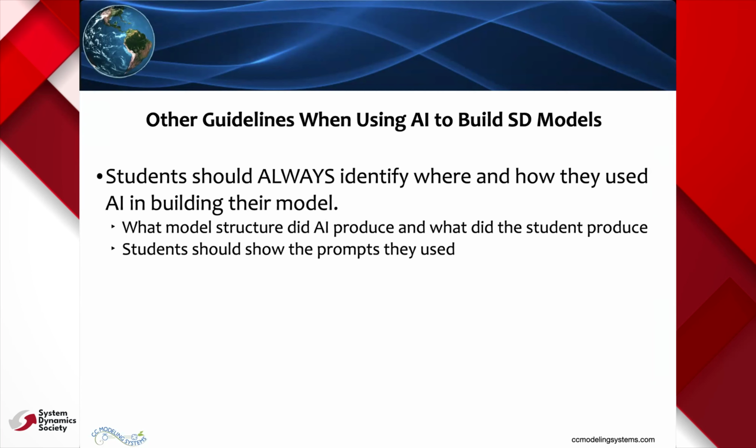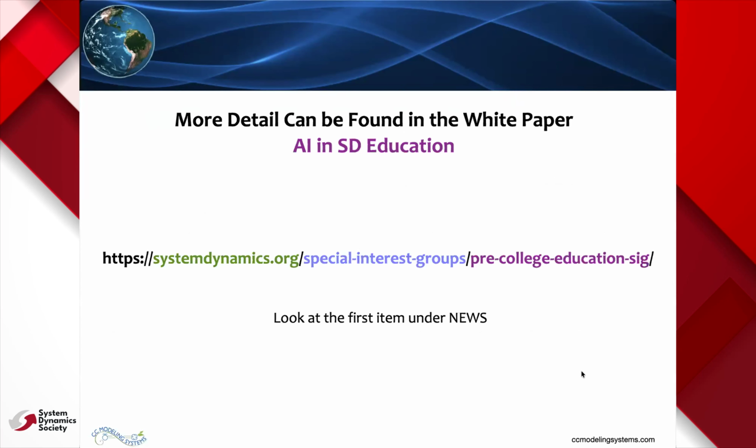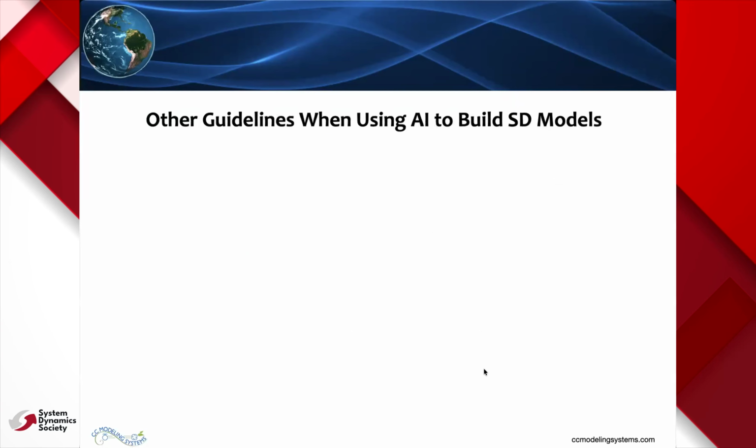We all learn a lot from each other's prompts. Students should be asked to reflect on what parts of the modeling process AI was helpful and what parts were not helpful. This is all what we think are things that a teacher should be thinking about when they have students using AI.